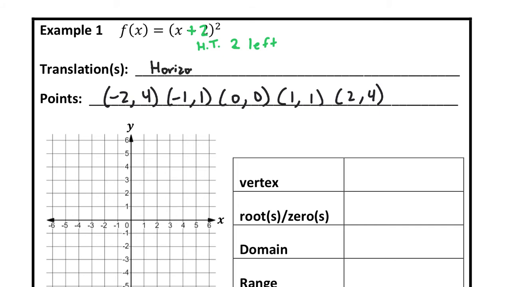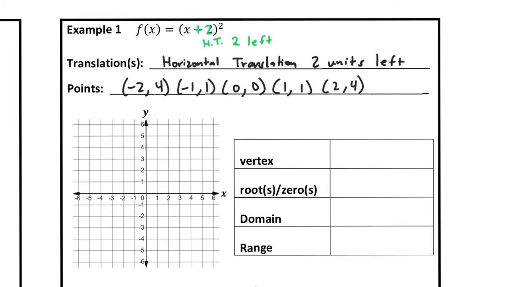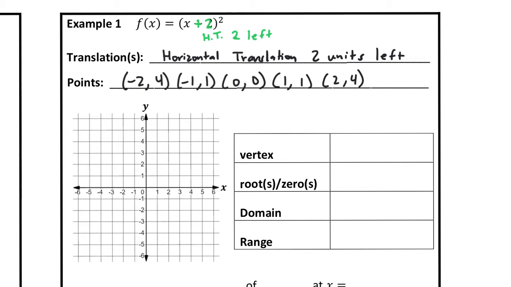So again, it's a horizontal translation, 2 units left. And just like before, I'm going to graph the original points at 0, 0, 1, 1, 2, 4, -1, 1, -2, 4. And they're asking us to move these points to the left 2.